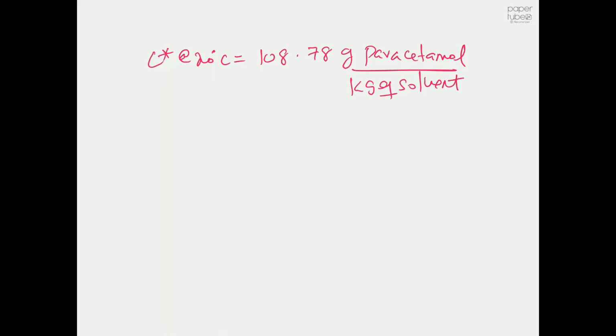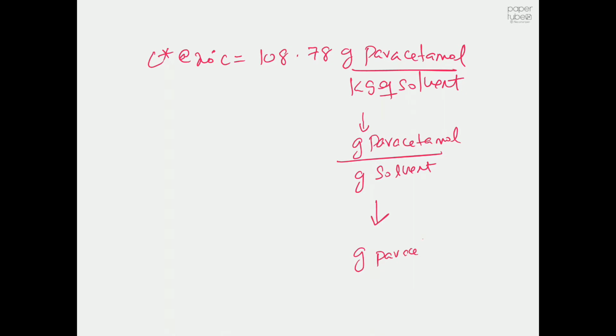For the beginning, let's convert the solubility value, gram per kg of solvent, to gram of paracetamol per gram of solvent, and then to gram of paracetamol per liter of solvent, in this case isopropanol, IPA. Let's do it one by one.